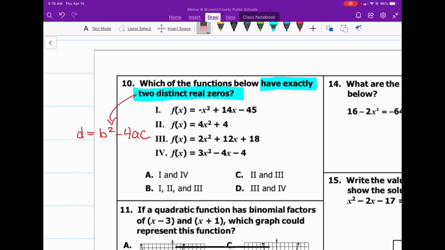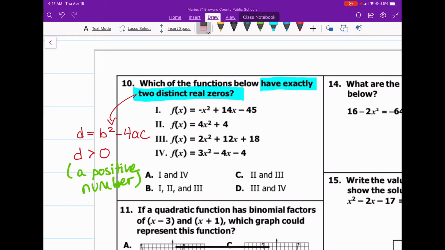So if the discriminant is greater than 0, which means that the discriminant is a positive number, then the function is said to have two real zeros.